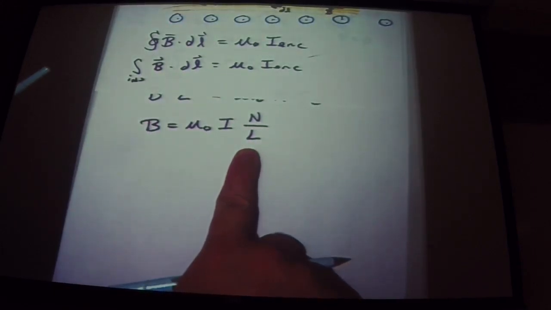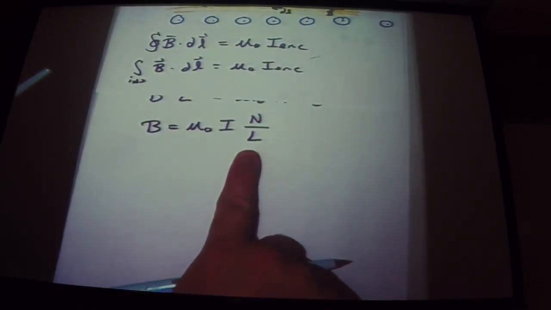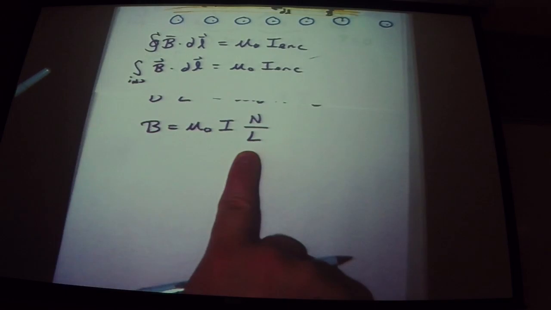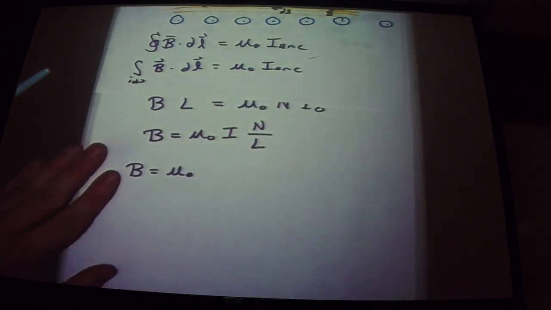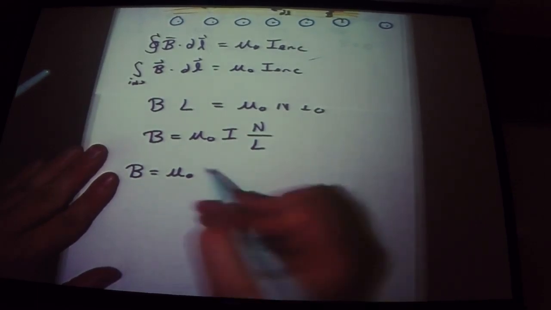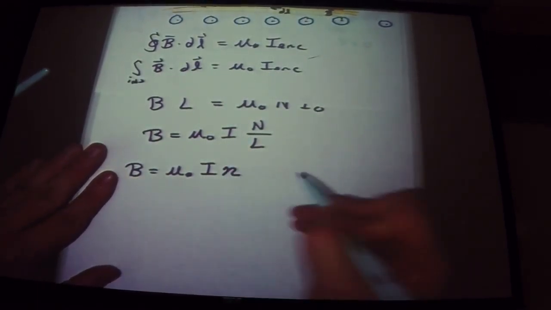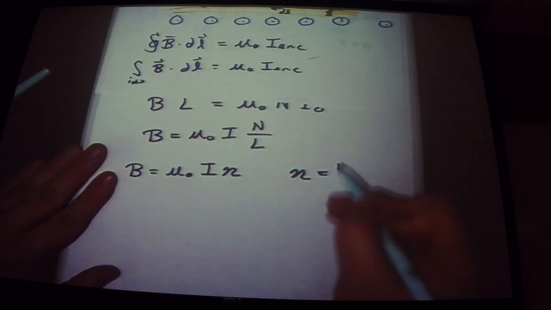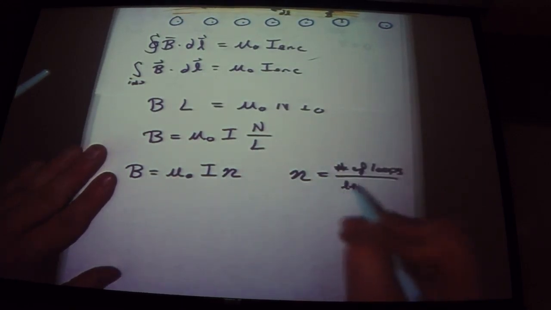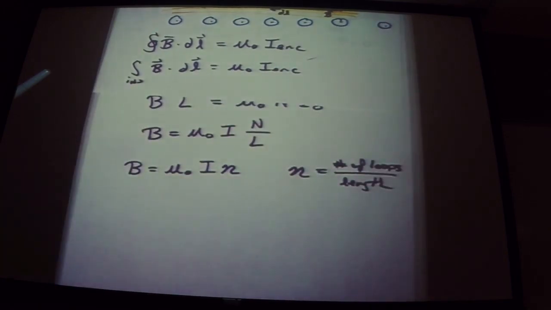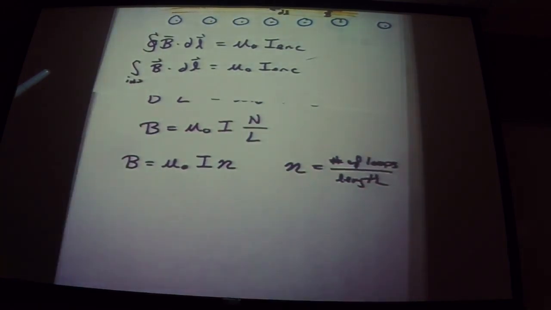And so what we do is we define a kind of a loop density, if you will. Call that little n, where little n is the number of loops per unit length. So it depends on how tightly packed my solenoid is, how close together those loops are.